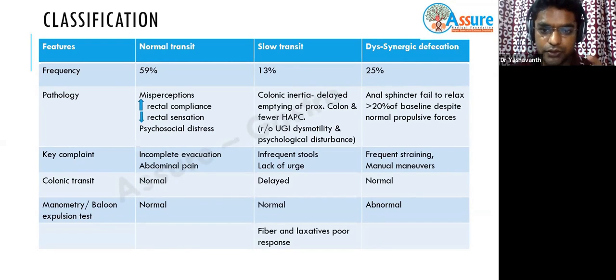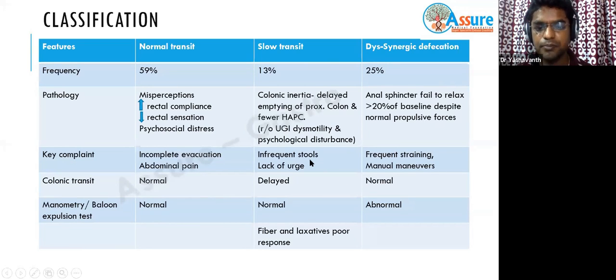And why this is important is sometimes it might be the initial presentation of SIPO, chronic intestinal pseudo obstruction. People often mistake this for slow transit constipation and treat, but after a few years, you will see the patient has SIPO. It is not moving anywhere, not just in the colon.